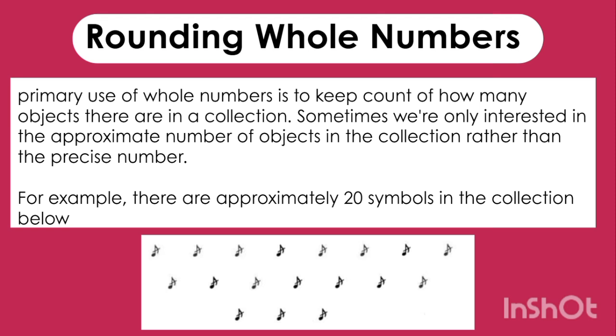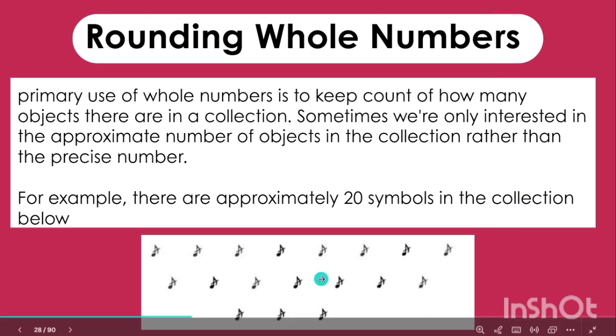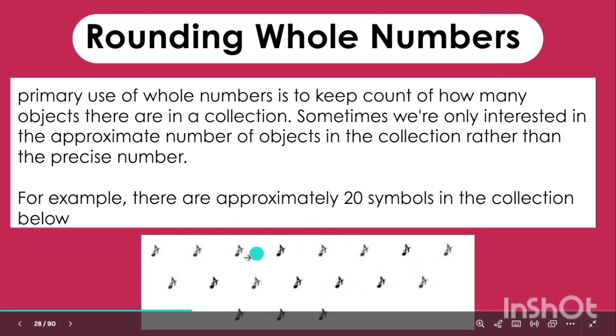You will say you almost spent 200 on your grocery. For example, in these symbols, we can say approximately we have 20 symbols, but if we count them, we only have 18 symbols. So we round it up.